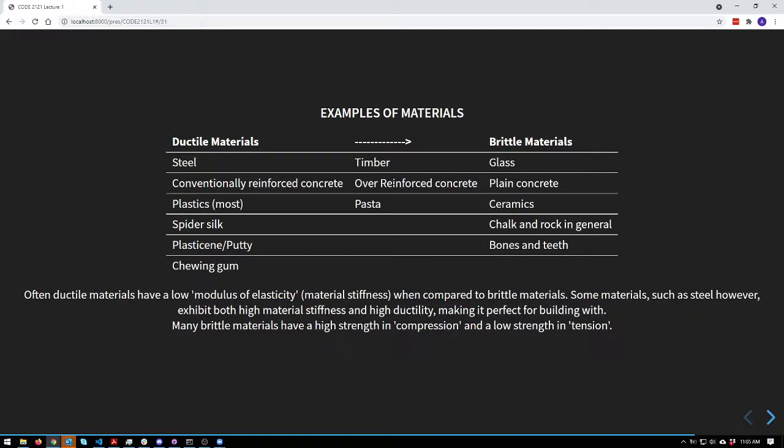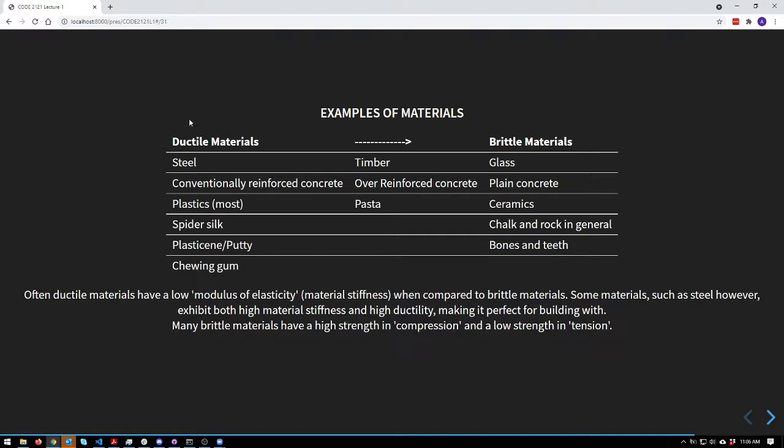Over-reinforced concrete, which is concrete that has way more steel in it than what the concrete can support, ends up being half ductile, half brittle. And I think pasta is a little bit ductile, but you can bend it a little bit and then it snaps. So it's kind of more on the brittle side of this grid.